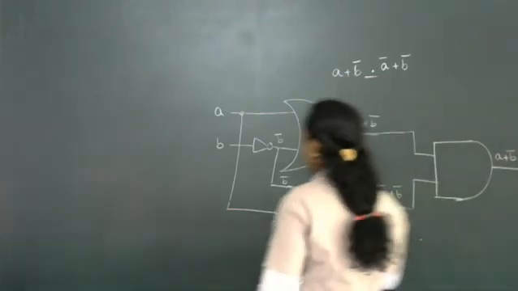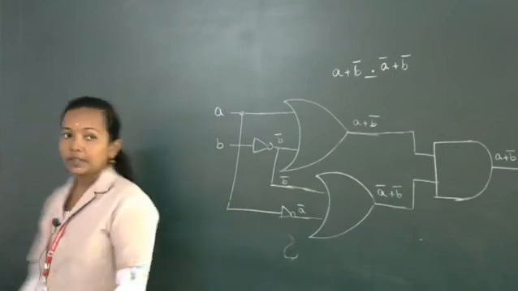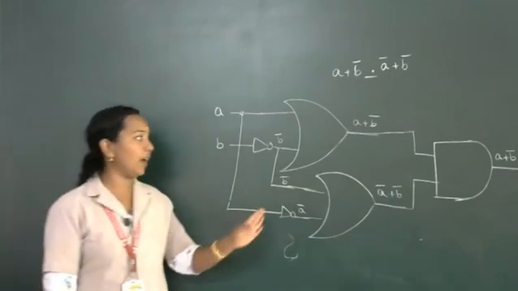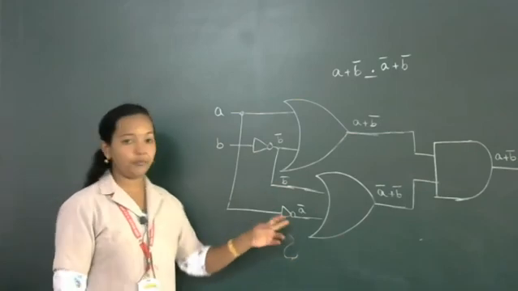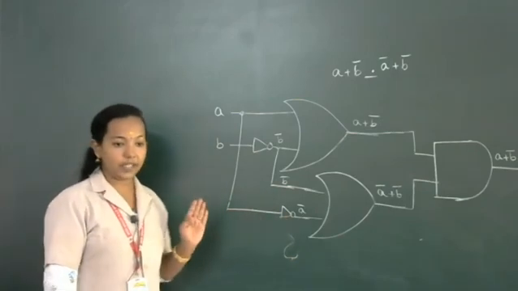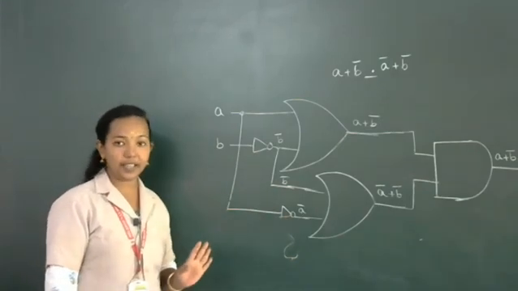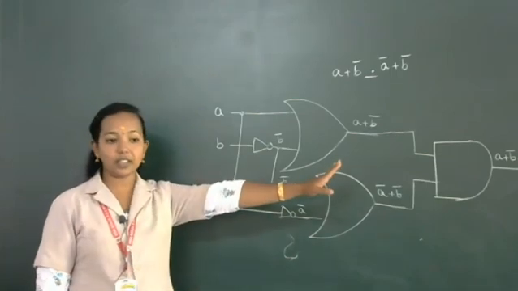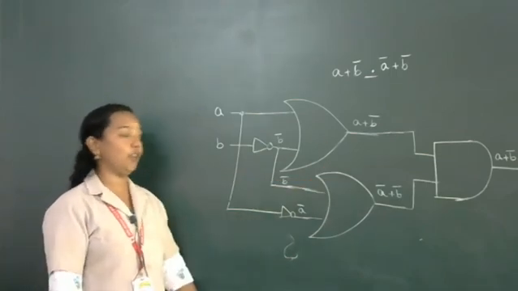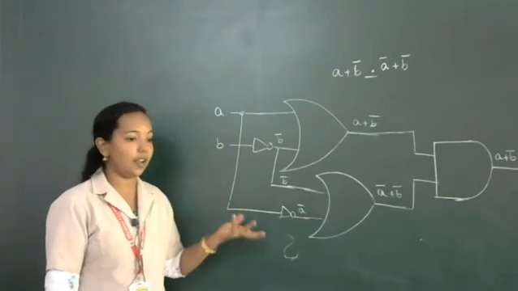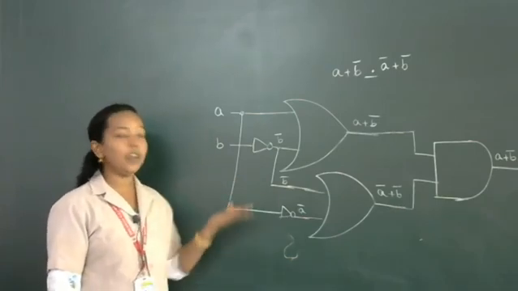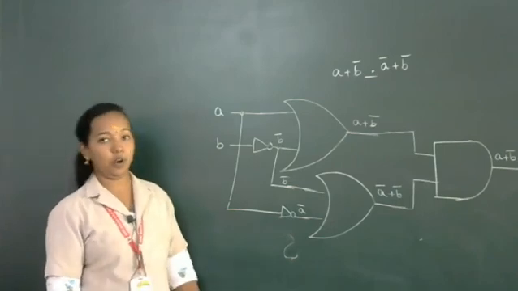This will be the final answer. After the final AND operation, you want to write the final expression: (A plus B complement) dot (A complement plus B complement).